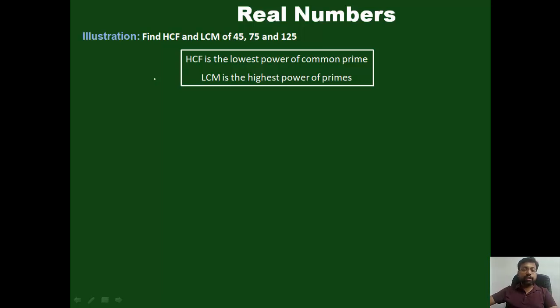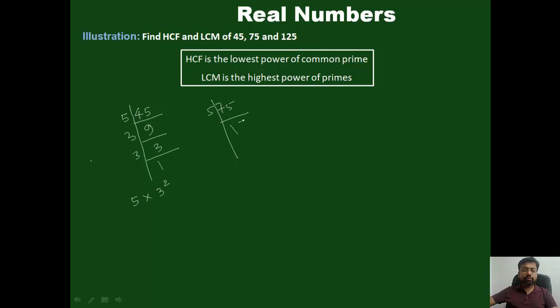When you take HCF and LCM, you first have to prime factorize each of the numbers. So you take 45, you prime factorize. Prime factorize means you have to find each of the factors as a prime factor. So you have 45 as 5 into 3 square. The second number is 75. So you have 75, again I can divide it with 5.